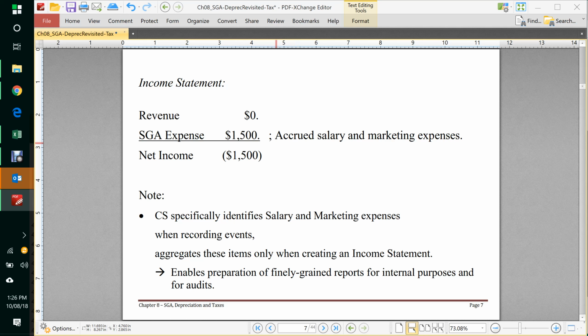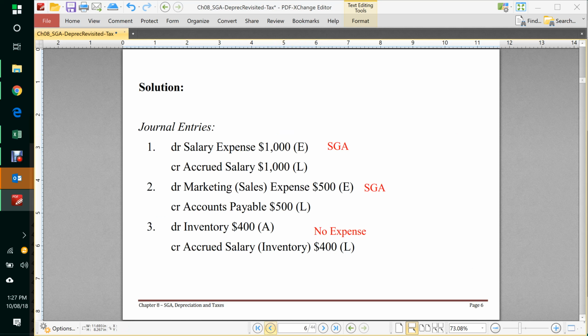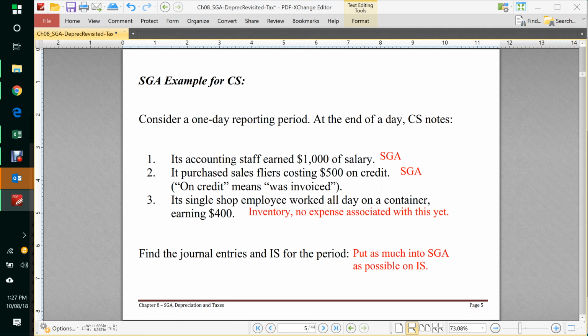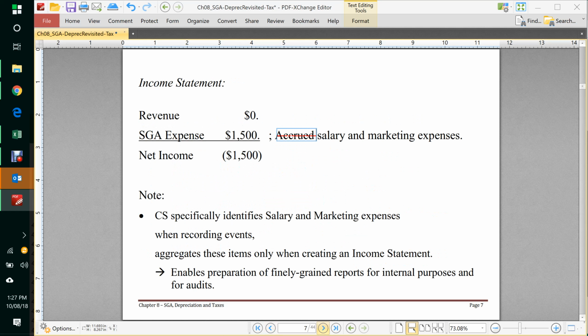And that includes which salary? I think it was accountants. Yeah, so let's do that. I don't want to say accrued because then people get confused with liability. Okay, so let's just say accountants' salary and marketing expenses.